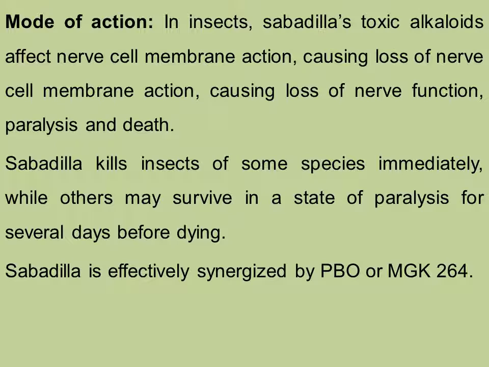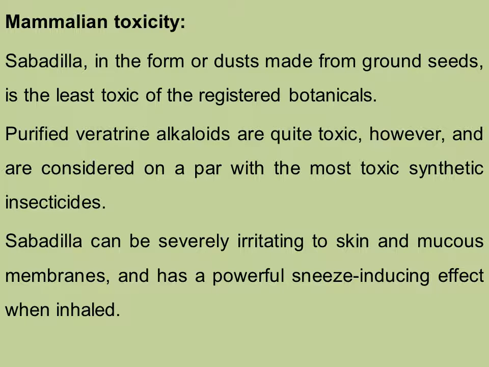It's a lily and commonly known as Sabidilla, grown in South America. The insecticidal constituents are a complex group of alkaloids, the crude mixture of which is termed as veratrine. It is present in seeds from 2 to 4%. The toxic alkaloids is a very important characteristic of this particular toxicant.